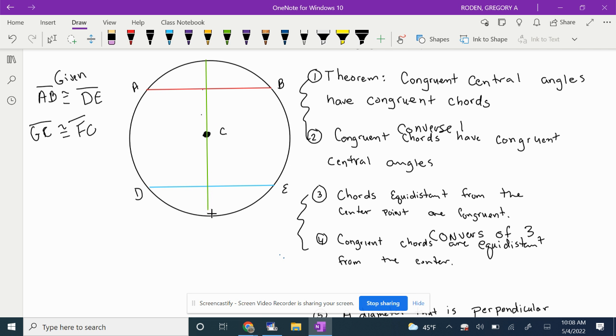I'm also going to try to hit that blue one. Forget about the red one for a second. Let's just worry about the blue one. And let's pretend that is perpendicular. So let's say that there is a right angle here at the intersection of the blue and the green chord. Let's call that intersection F. Y'all understand that? So if I know it does contain the center point, and it is a right angle, it is perpendicular. So now what can I say? What's the statement I can say here? What can I say, Tanner?